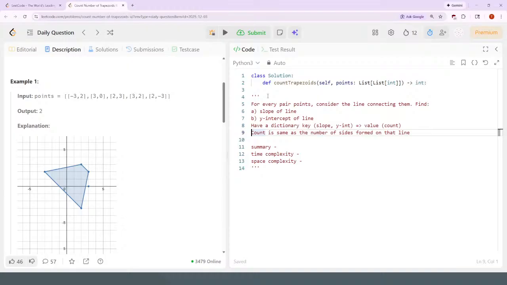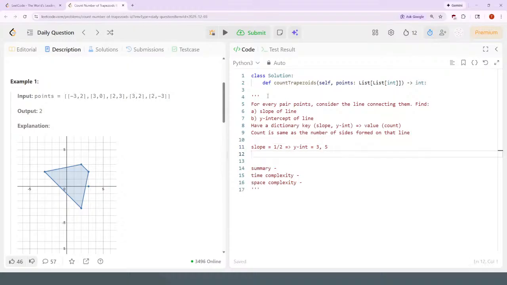So let's say the slope is 1/2, and let's say I have points that have y-intercepts of 3 and 5.